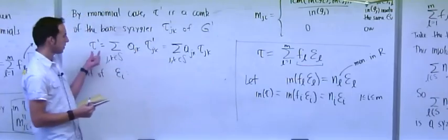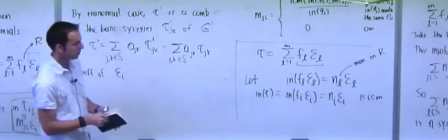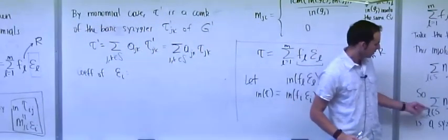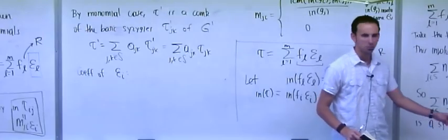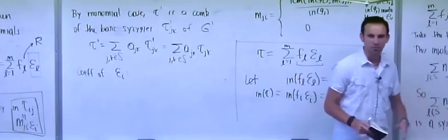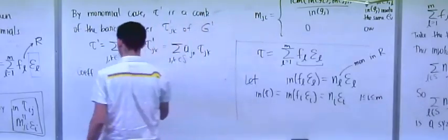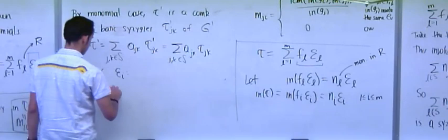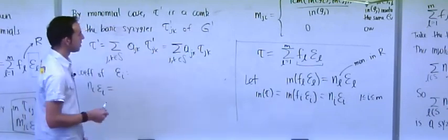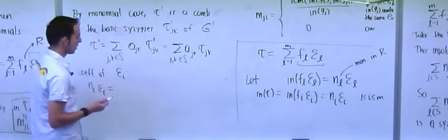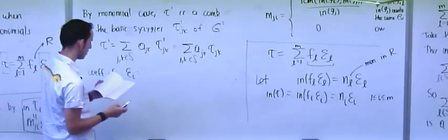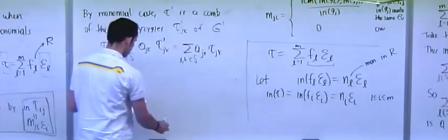Well, in tau prime, the coefficient of epsilon i is going to be n_i, right? n_i epsilon i. And what's the coefficient of epsilon i going to be here?